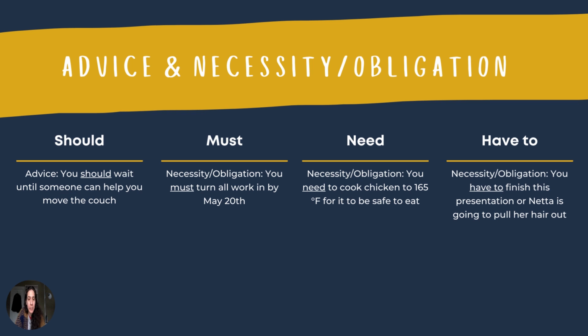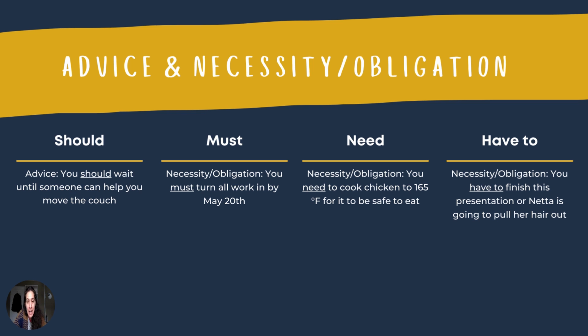Now, must. So the example that I put here has to do with obligation. So if obligation is the things that we must do based off of social roles. So right now, my social role is a student in Netta's class.